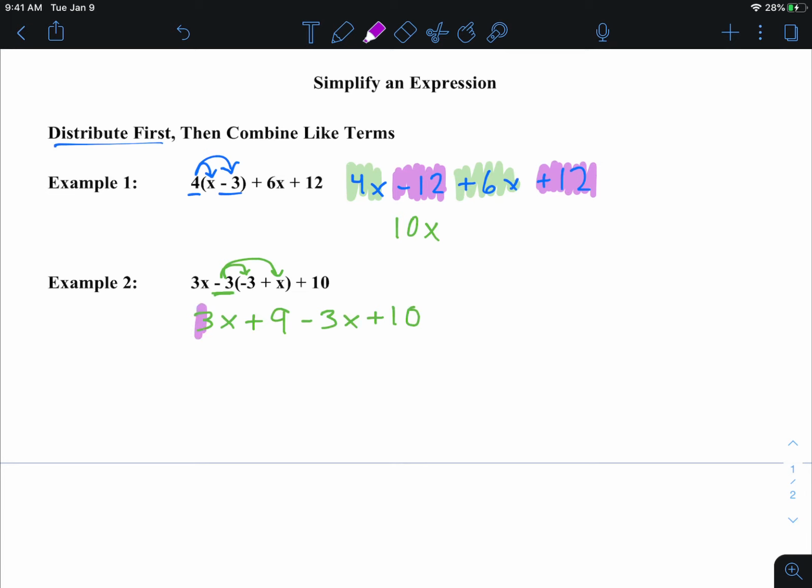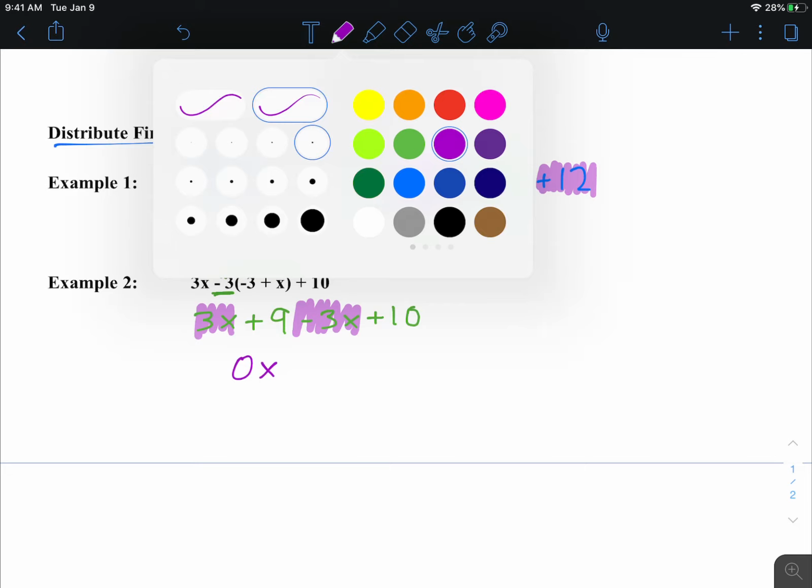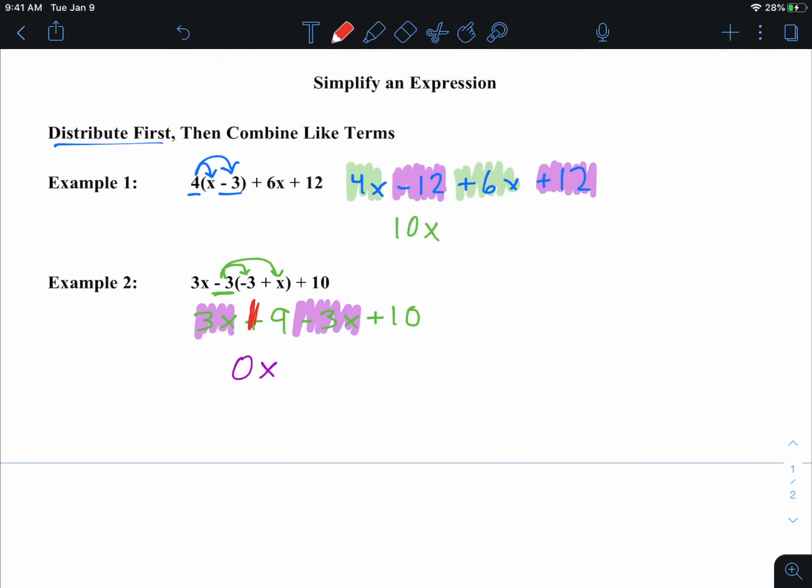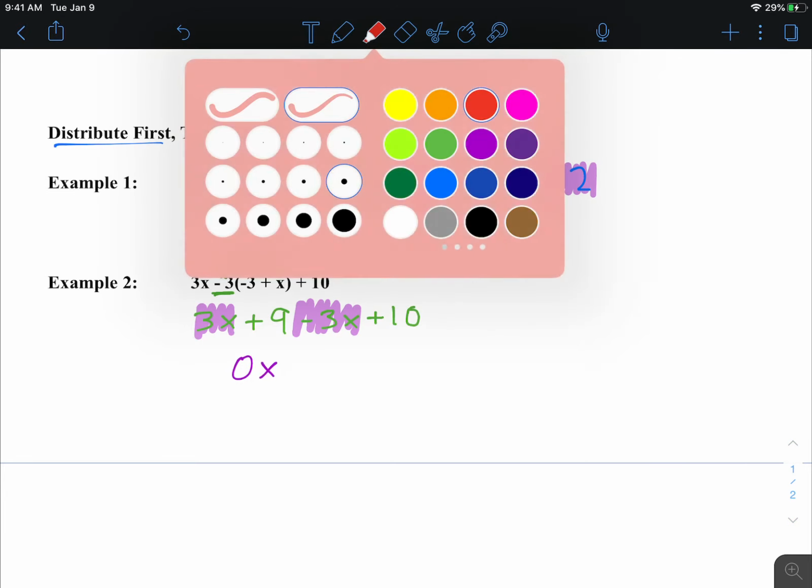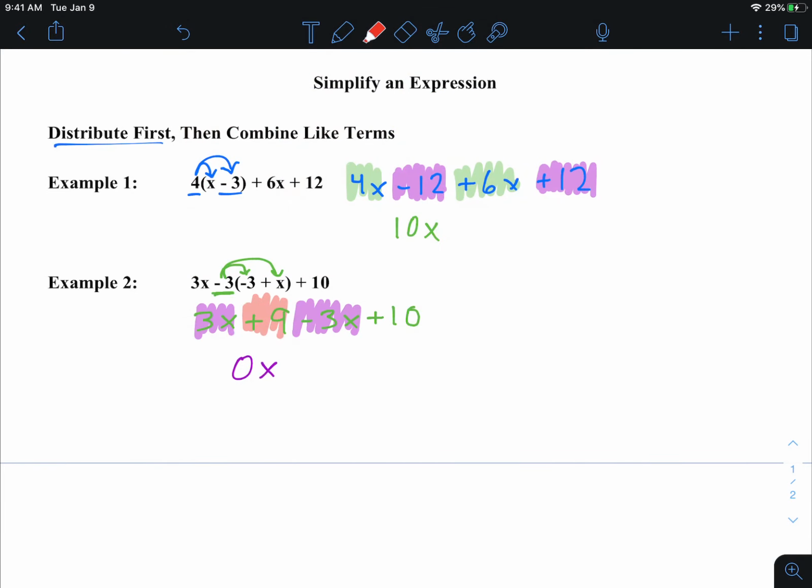Combining like terms, we'll have a 3x and a negative 3x. Well, 3 minus 3 is 0, so those cancel each other out. So we could write a 0x, and then I have a positive 9 and a positive 10.